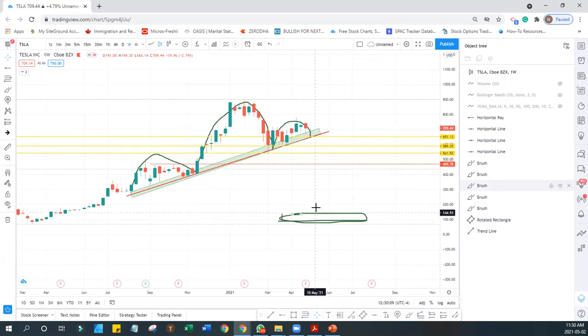A head and shoulder on a 5 minute chart is not strong, but it's making a head and shoulder on a weekly. This is a shoulder, this is the head, this is the shoulder. So if it falls to the 665, 667 level and breaks that level, you can expect 605 and 589 for Tesla.